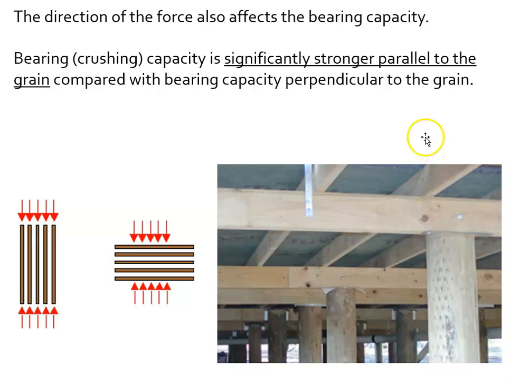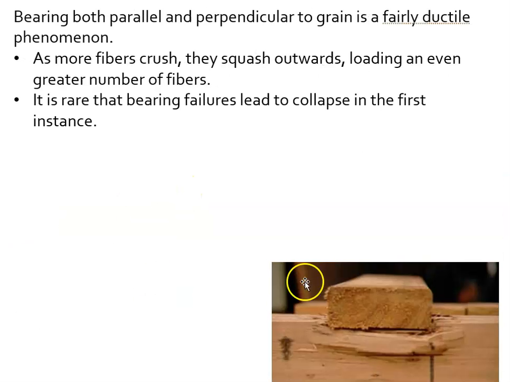This joist is coming down and bearing on it perpendicular to the grain. This column is pushing up on this girder perpendicular to the grain. This column is being bared on, however, parallel to the grain, so it's less likely that this column is going to crush here. That girder would be crushed first. Okay? And here we see crushing, or bearing failure, right there.